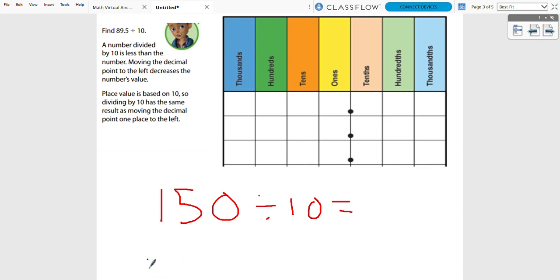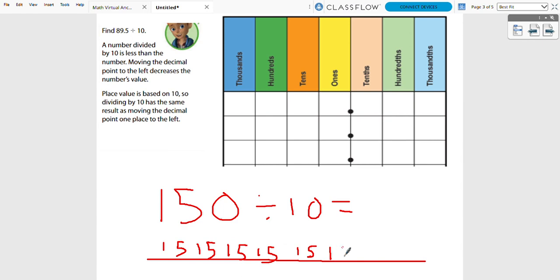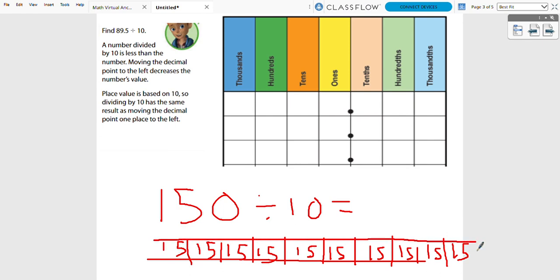So if I drew my bar diagram, I would have 15 ten times: 1, 2, 3, 4, 5, 6, 7, 8, 9, 10. The reason is that if you add these 10 equal groups together, they would equal 150.